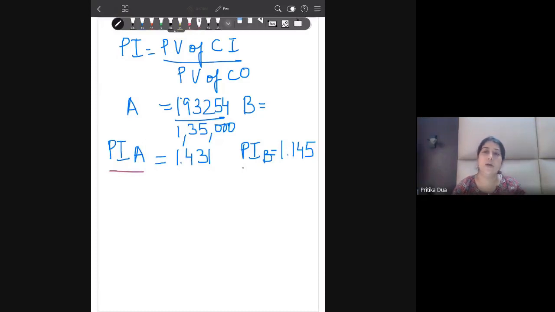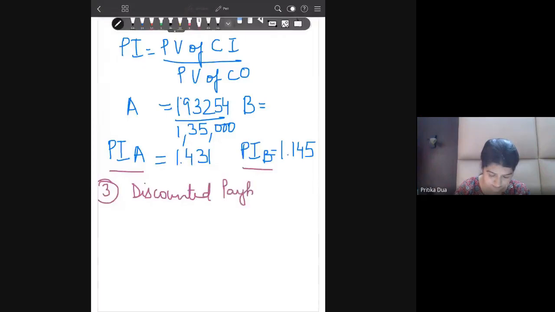Okay, now we come to the third part of the question, calculation of discounted cash flows, discounted payback period. So what was the meaning of payback period? What was the meaning, anyone?